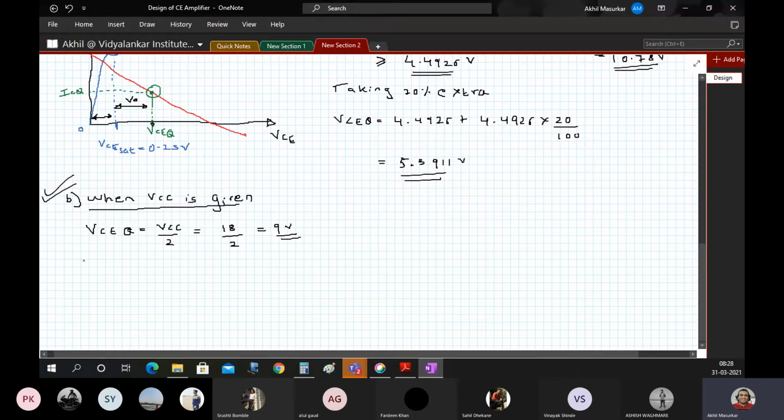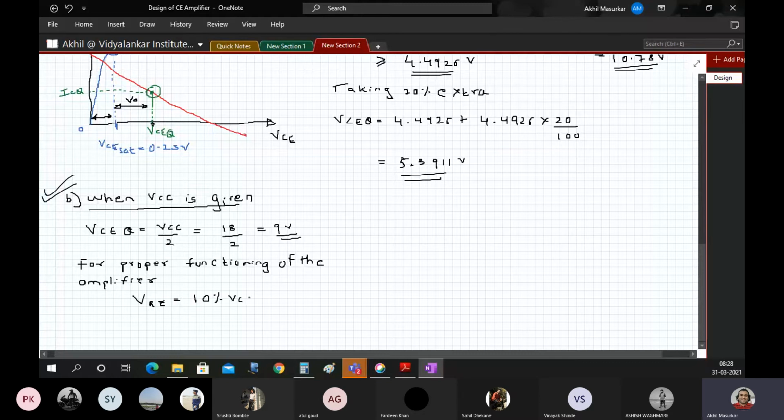Now we should write, for proper functioning of the amplifier, VRE, that is the voltage drop across RE, should be 10 to 20% of VCC.